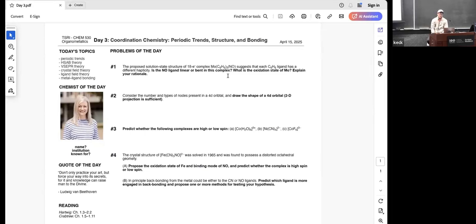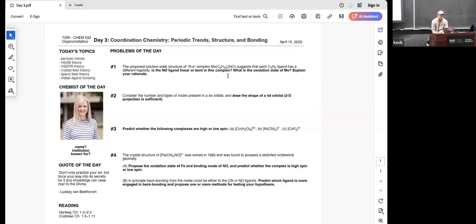So take a look. Now we have this interesting molybdenum tris-Cp nitrosyl adduct. Each Cp has different hapticities, so that already makes it a very structurally cool molecule. Is the NO ligand linear or bent in this complex?